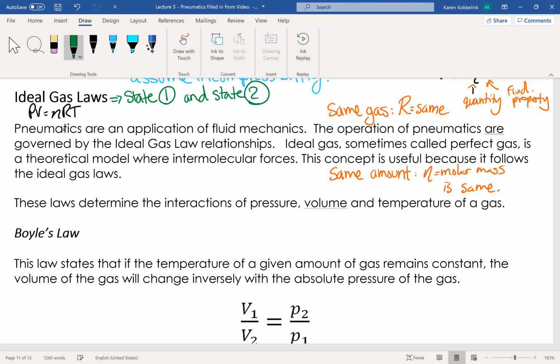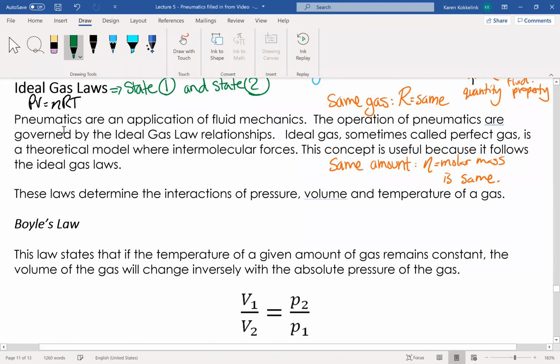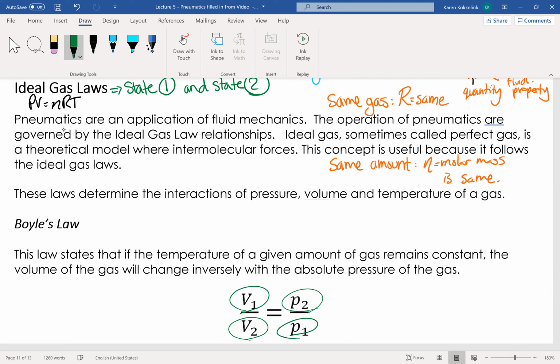So for example, a linear actuator, or let's say the reciprocating compressor, which is a piston. The piston had a volume V1, and then the air got compressed into volume V2. It had a pressure P1, and it had a pressure P2.